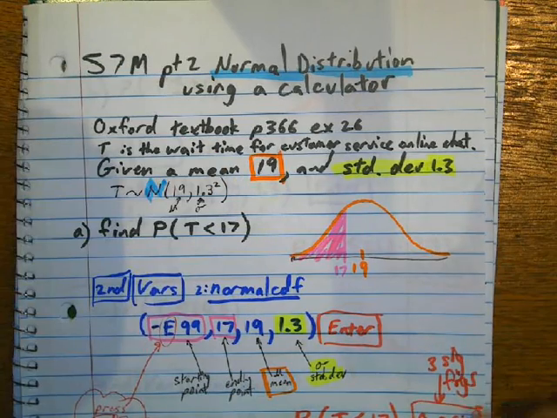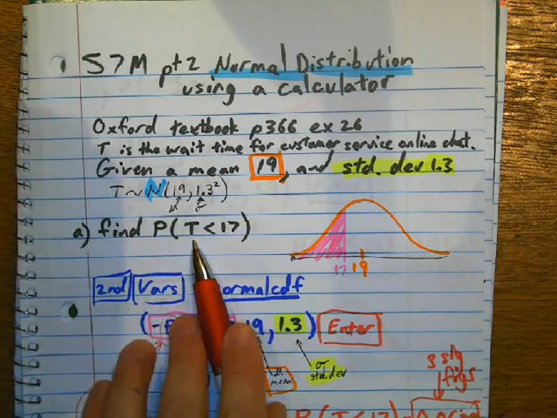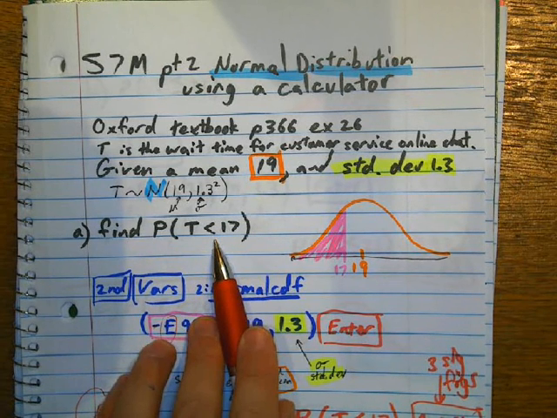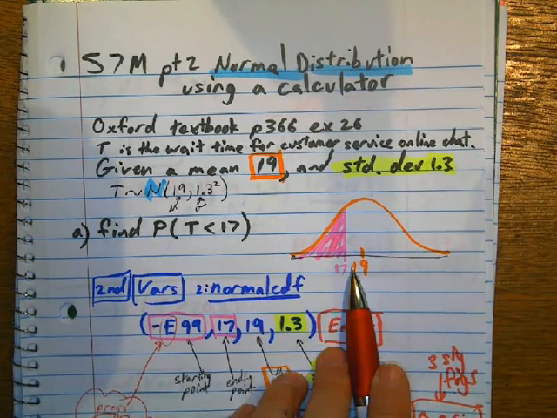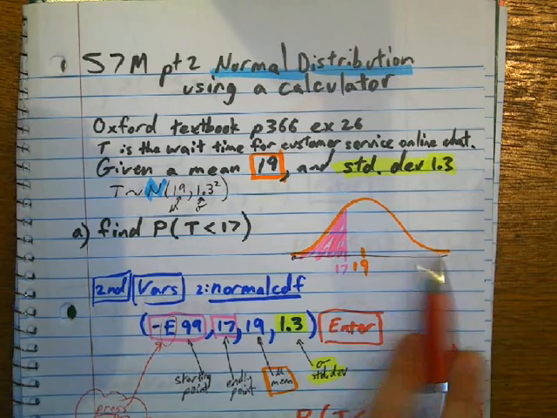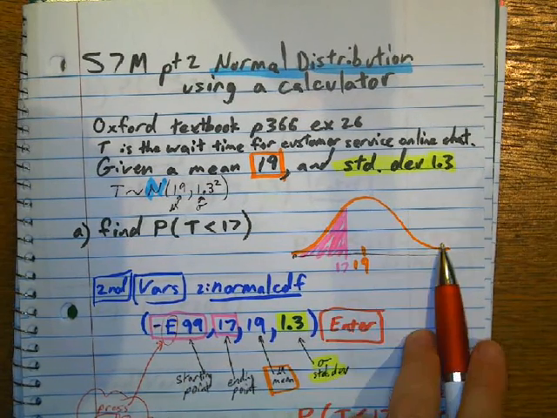The first question says, what is the probability that the waiting time is going to be less than 17 seconds? I drew this to help me visualize what's happening. If the mean is 19, 19 is in the center of my curve.